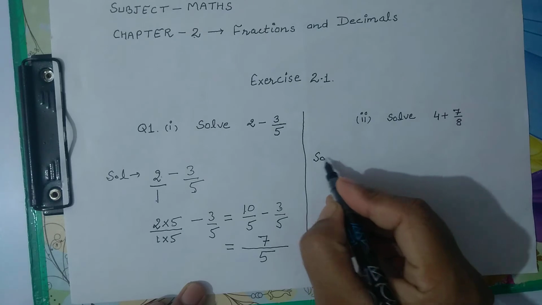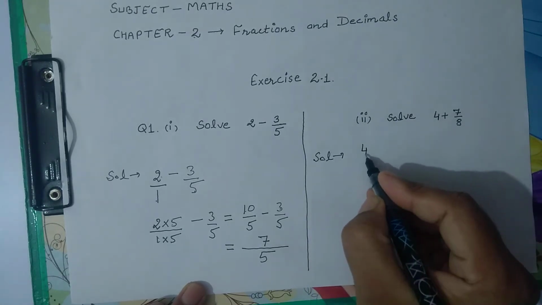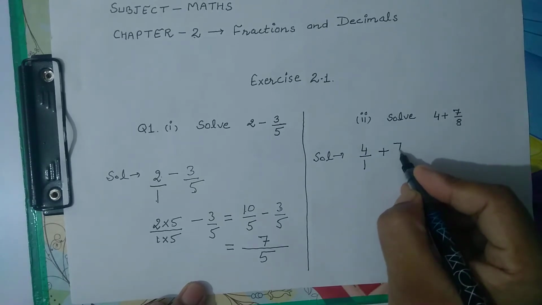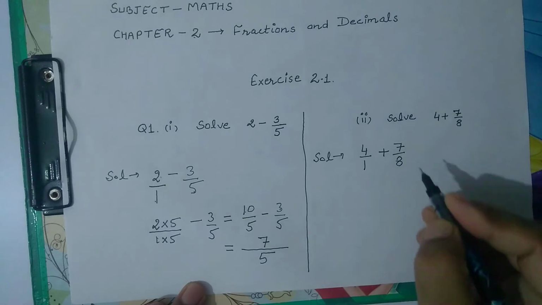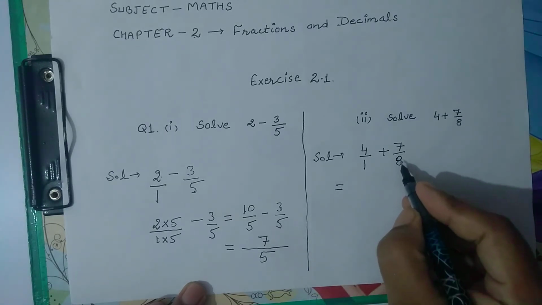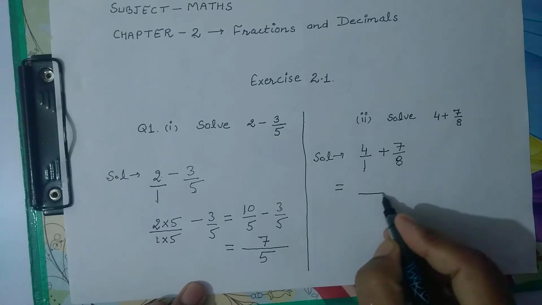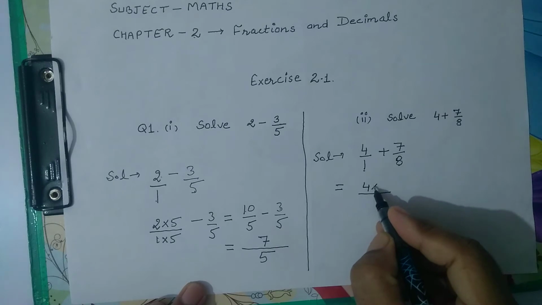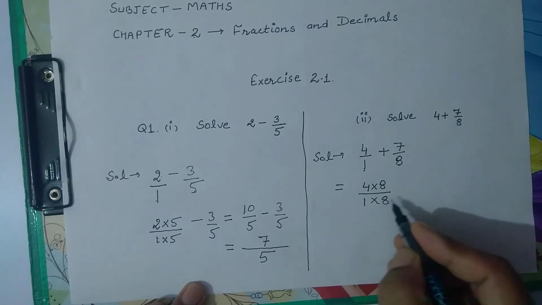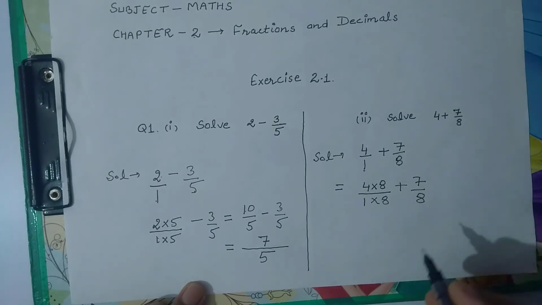Similarly, what is the solution of second part? This 4, we can write as 4 upon 1 plus 7 upon 8. Now we have to make denominator equal to 8. So what we are going to do? 4 into 8, 1 into 8 plus 7 upon 8.